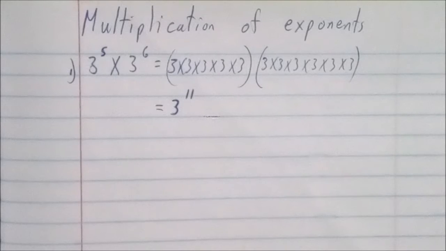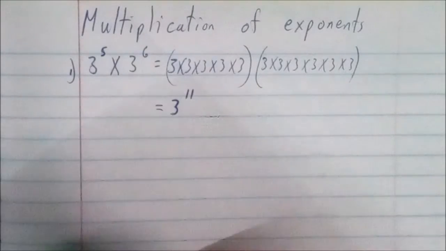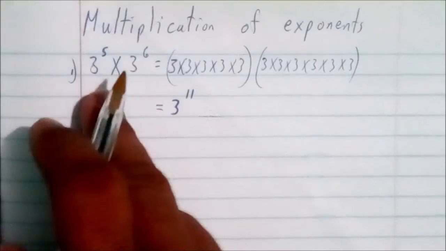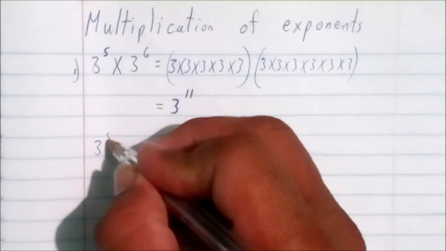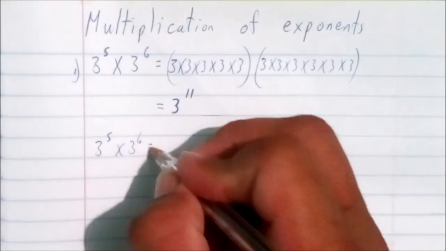Remember, we have seen BEDMAS. Everything has a rule. This thing here has a rule also. So let me give you a note. Once we follow the rule, we should shorten our work. So for this one in particular, let's use the same example: 3 to the 5th power times 3 to the 6th power.